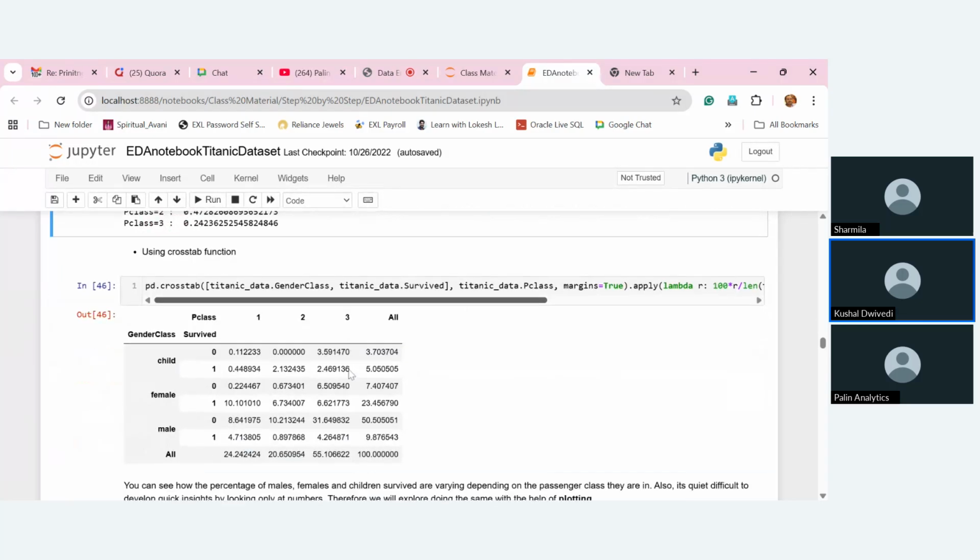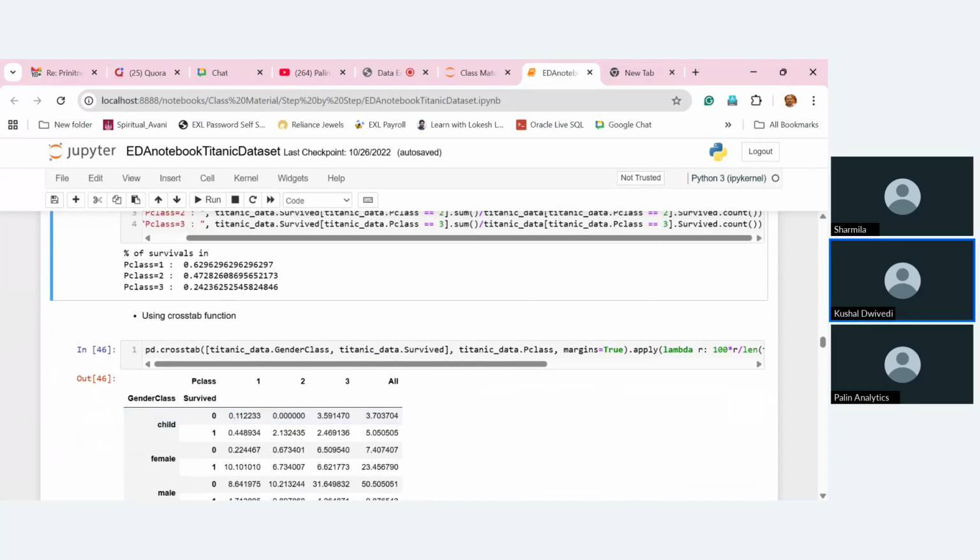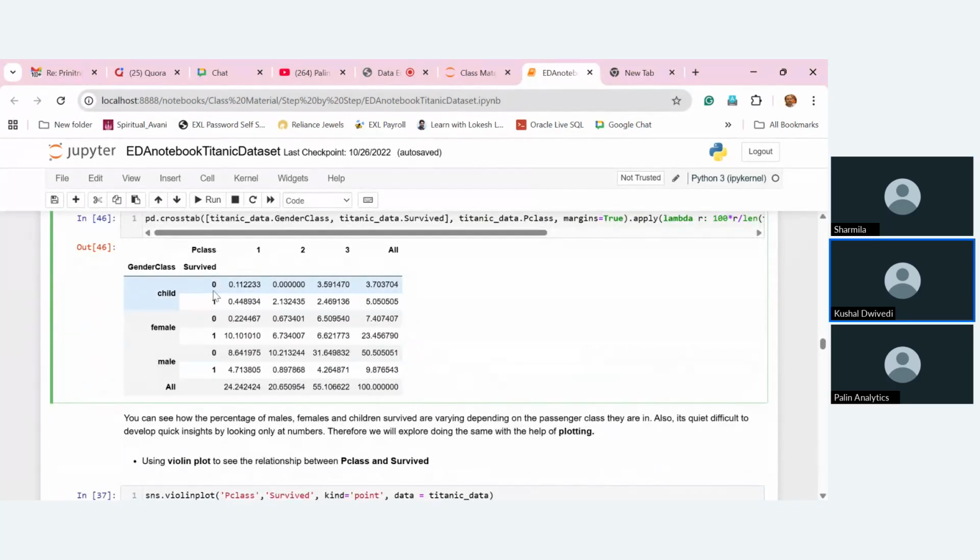Yes. So now we'll do the cross tab of the passenger class and the ones who survived. Here you can see that children in passenger class one have around 44% chances of survival, right?